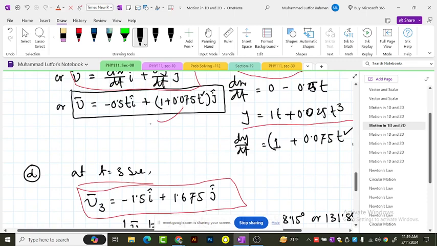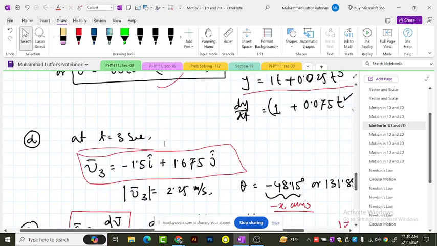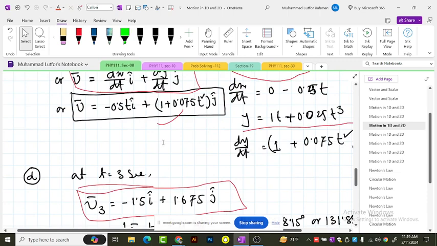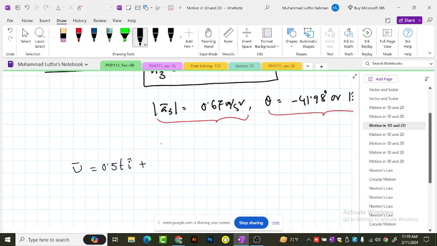So I'm supposed to write v as minus 0.5 t i hat plus 1 plus 0.075 t square into j hat.